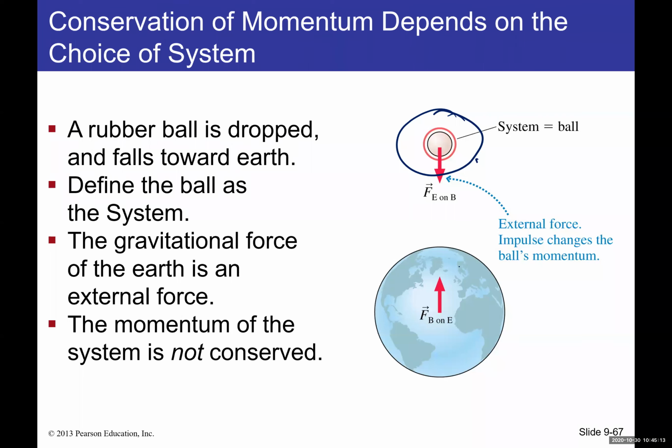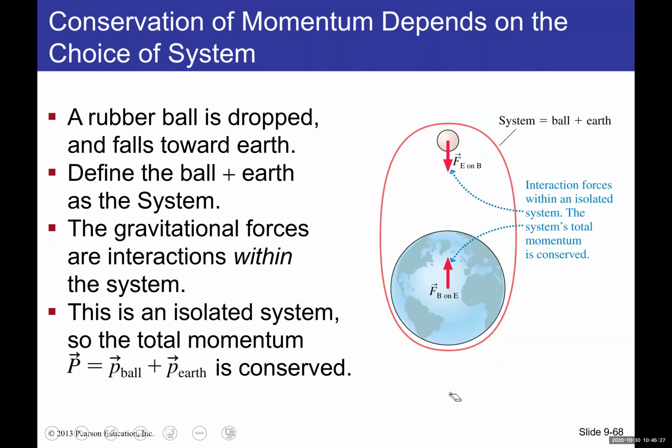Same way, if I take Earth as my system, the force that the ball exerts on Earth technically changes its momentum as well, and momentum is not conserved. But if I take both of them as my system, then momentum is conserved, because my system has the momentum of the ball plus the momentum of Earth, and the forces they exert on one another are internal forces, and they cancel each other. My momentum of the system before and after remains constant.